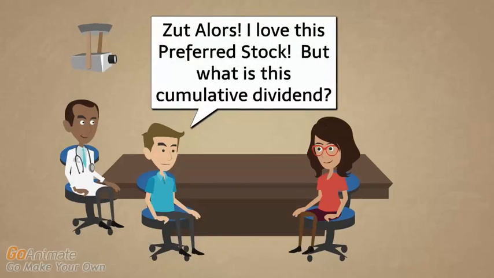Tell us, I love this preferred stock, but what is this cumulative dividend? The cumulative dividend is basically a promise by the company that if they're going to pay any dividends at all, preferred stockholders are definitely going to get their $1 per year. So where this would come into play is, let's say a company got into a cash crunch. They couldn't pay dividends, so they skip preferred dividends for a year. They owe those preferred dividend shareholders at least $1 per share.